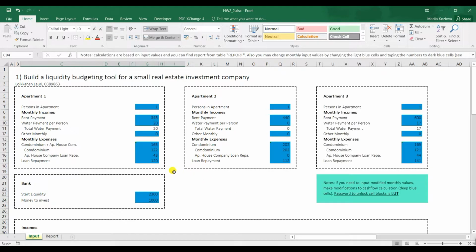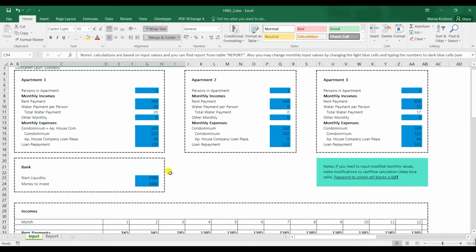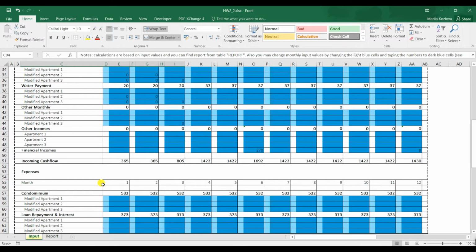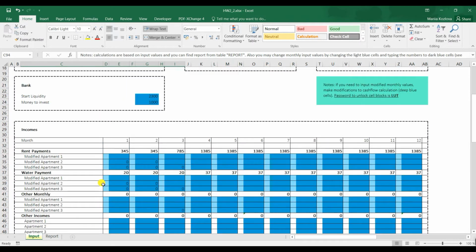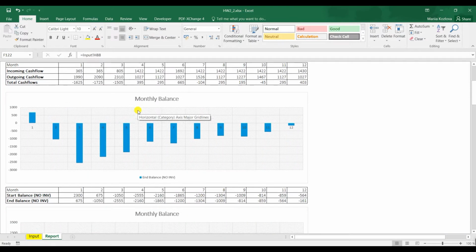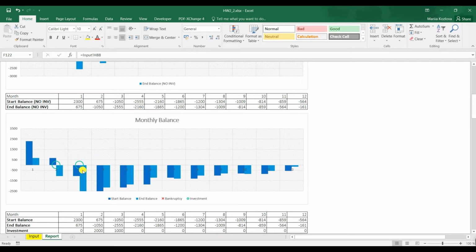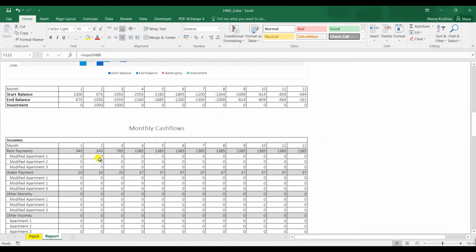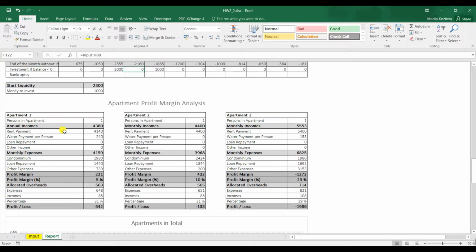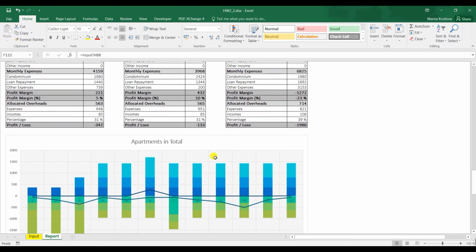This is another homework, and you can see again how different the input part can be organized. Here the calculation follows in the input part directly, but still I would recommend to keep it as a separate sheet. And in the report, again, here we have much more details, and again places for investments are highlighted, and everything about expenses, revenues, separately figures for each apartment.